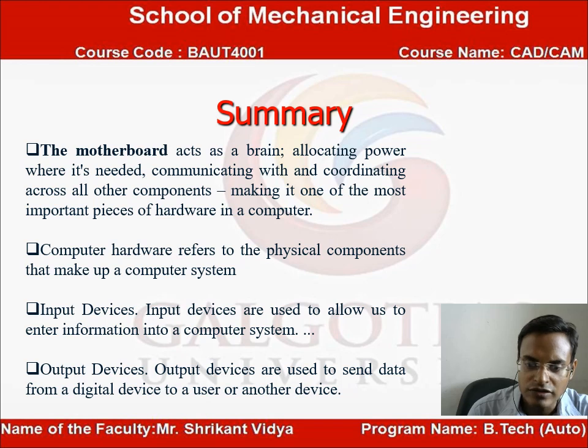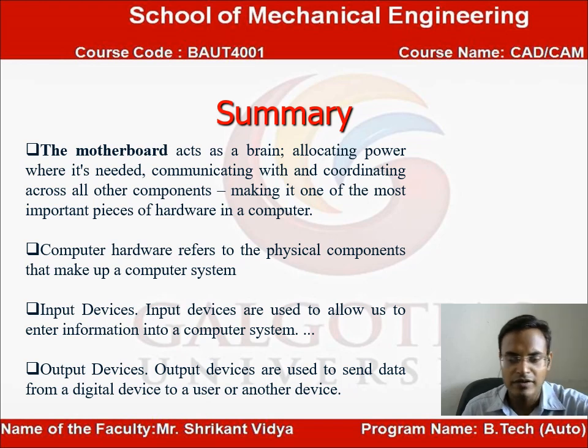So in this way we can say that computer hardware consists mainly of input devices and output devices. How the input device puts data into the computer, and how that data after processing is displayed on the output device like monitor, projector, printer. These things we have discussed in the lecture.